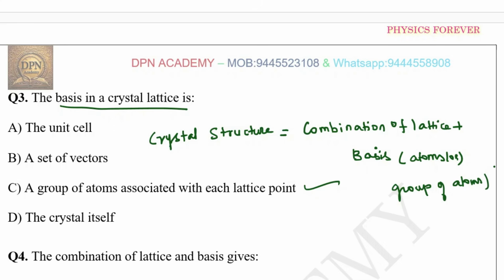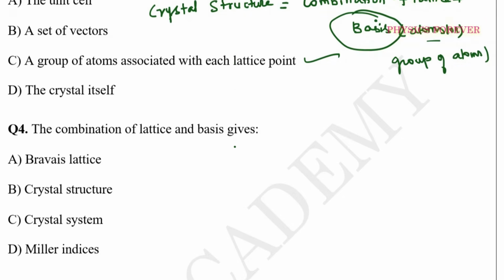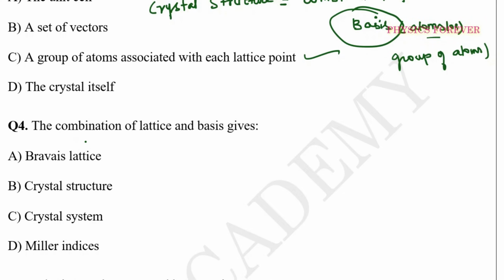So this is most important. So the basis is atoms or group of atoms. Then we have to add the combination of lattice, which is called the crystal lattice. So this is the question they ask. The previous question may also be asked like this: a combination of lattice and basis, that should be the crystal structure. So the answer will be B. Crystal structure, so most of the exam, question number 4 will be repeated.